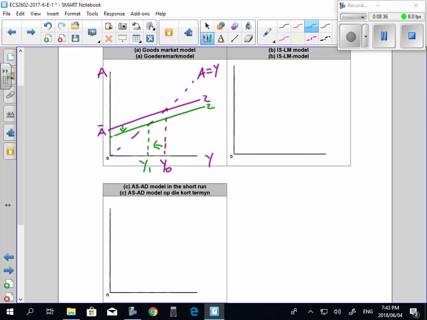In our ISLM model, on your axes, we've got interest rate and output and income. Restrictive fiscal policy shifts the IS curve.